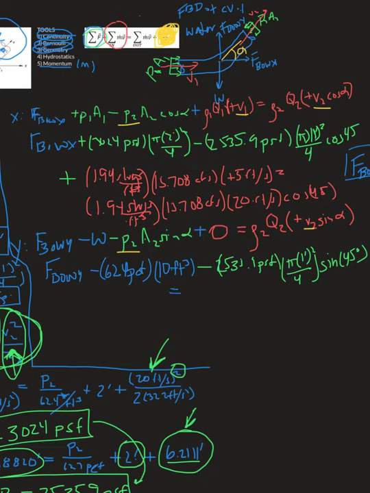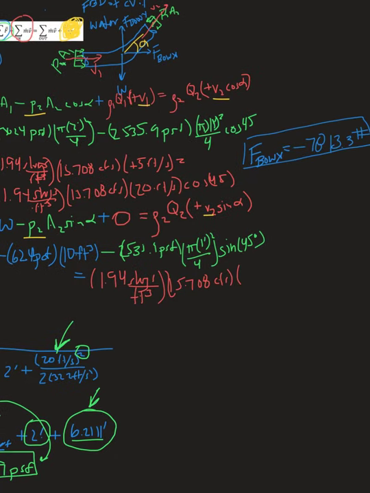And then we'll do the momentum flux in red. So it'll be 1.94 slugs per cubic foot, times Q, which is that really ugly 15.708 CFS, and then times positive 20.0 feet per second, well, we don't need all those zeros, times the sine of 45.